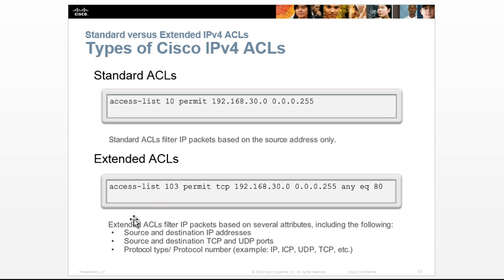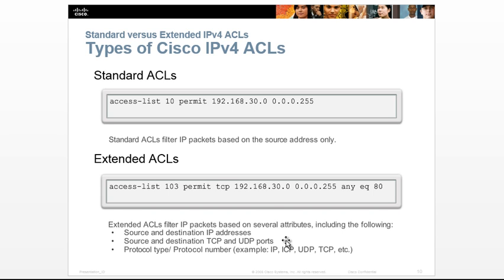An extended ACL, on the other hand, includes more than just IP addresses. In their example here, they're using access list 103, which tells us that in a program these would be numbered, and 103 is going to happen down below it. In this case, we're going to permit TCP, so we're telling it exactly what kind of traffic. 192.168.30.0 is the example again with the 0.0.0.255.